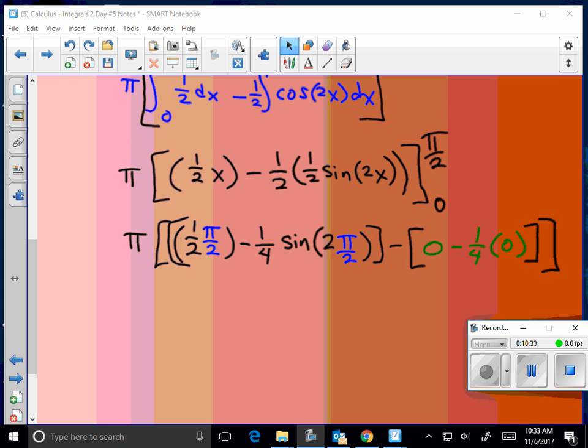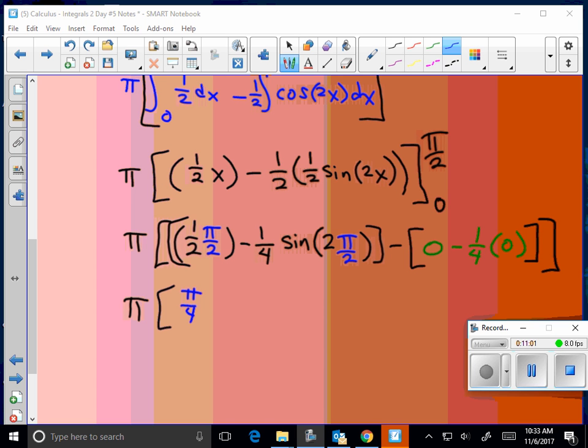All right, let's see what we get here. So I integrate 1/2 dx to be 1/2 x minus 1/2 times the integral of cosine 2x dx, which would be 1/2 sine 2x. Plugging in pi over 2, let's evaluate down here. This will be pi times pi over 4 minus, what's the sine of pi? 0.